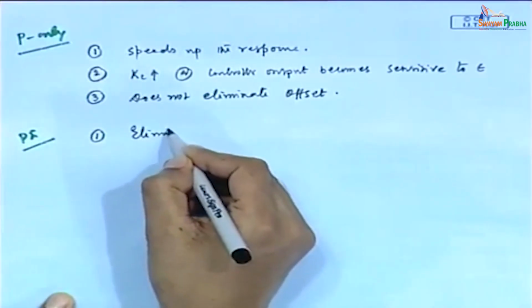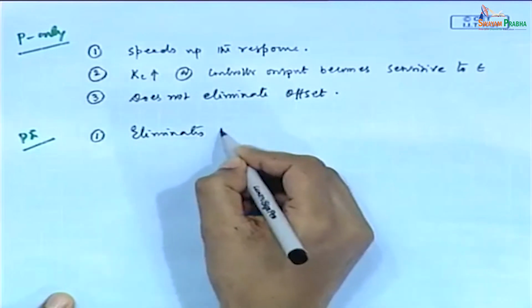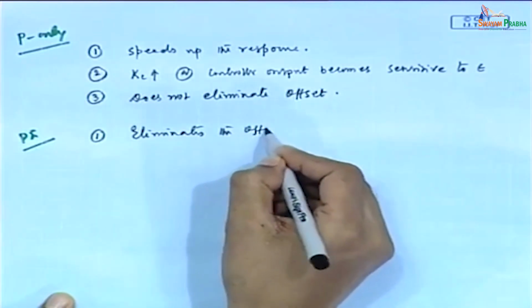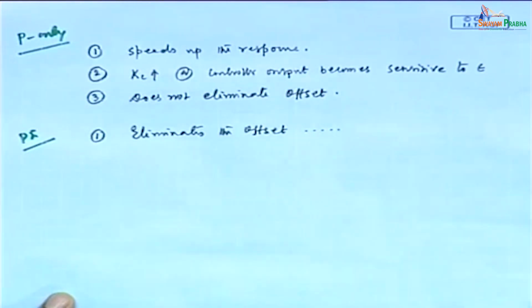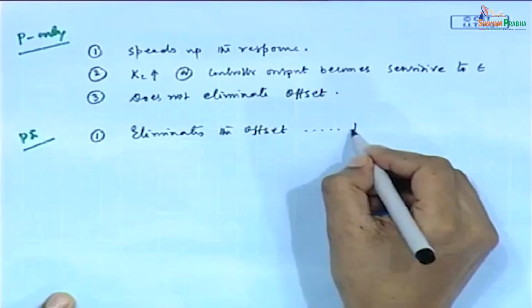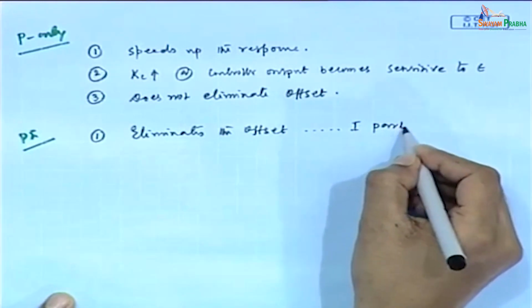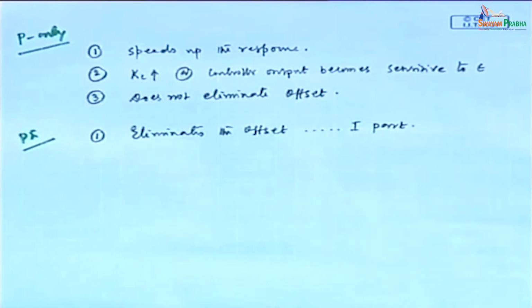So, it eliminates the offset. So, which part eliminates the offset? Integral part. Integral action eliminates the offset. Second point is the order.